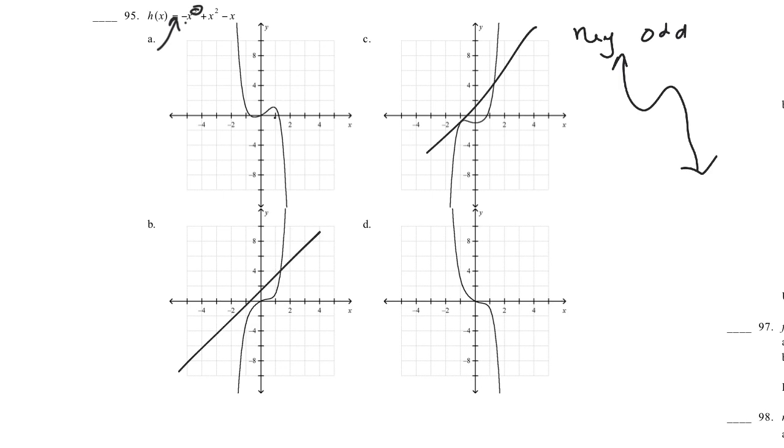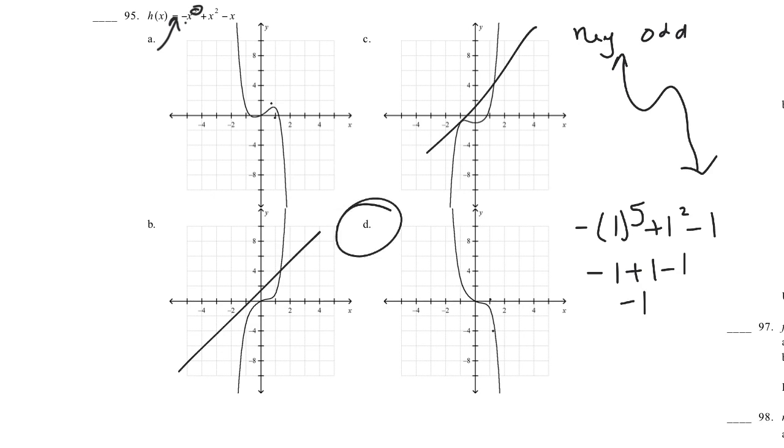This point is positive, and this one is negative. So that should give us enough information. Negative 1 to the 5th plus 1 squared minus 1 is negative 1 plus 1 minus 1. That's negative 1. So it looks like D should be the correct answer, because if I plug in 1, I get negative 1. And on A, when I plug in 1, there's a positive.